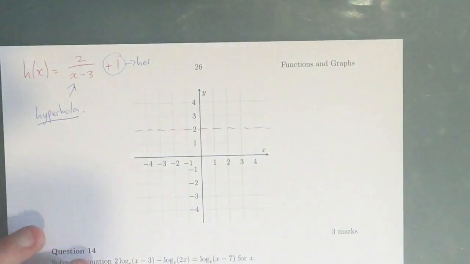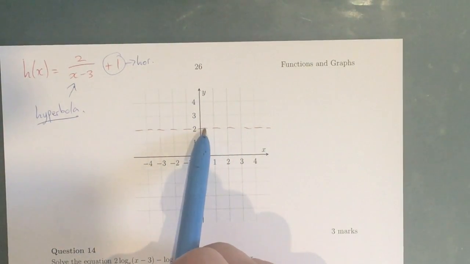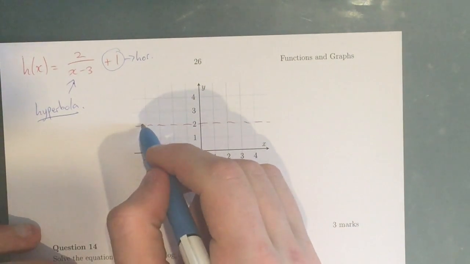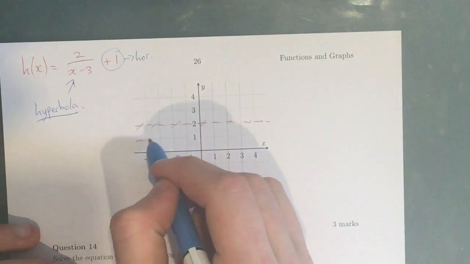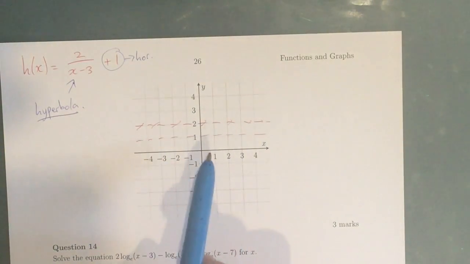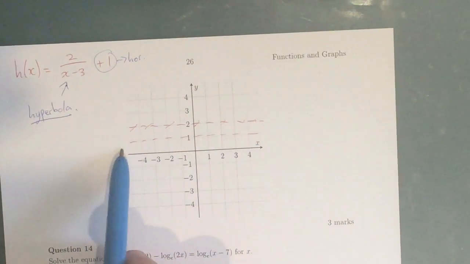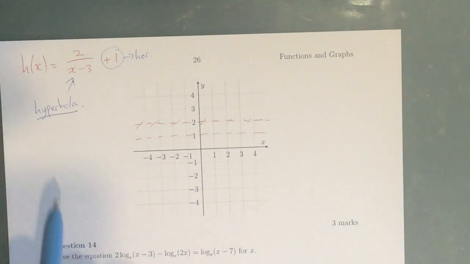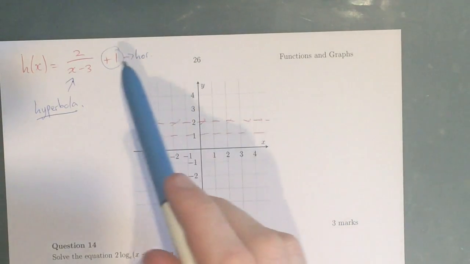For those of you who don't know, an asymptote is a line which the graph continuously approaches but never reaches. So our y value is never going to be positive 1 because of the way that this graph works.